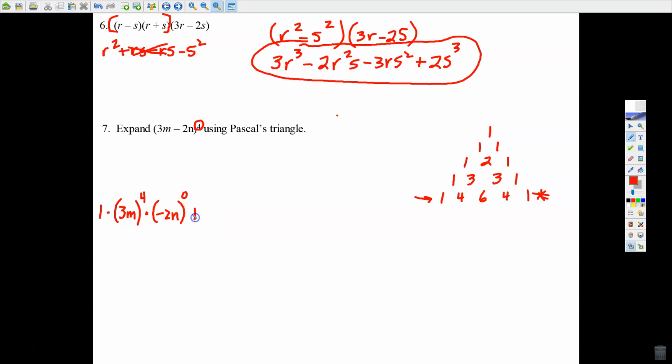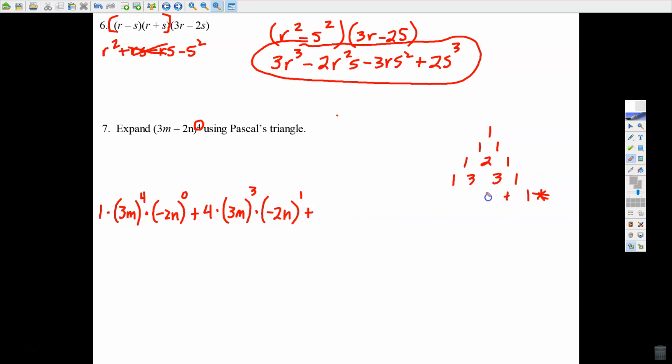All right, now let's add, and next number from the triangle, 4. 3m, the first term, is going to drop down to the 3rd power, and negative 2n is going to go up to the 1st power.